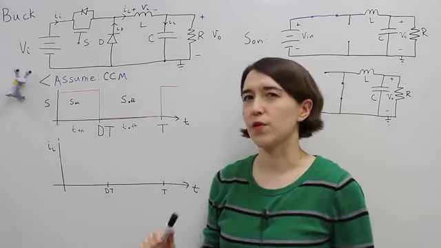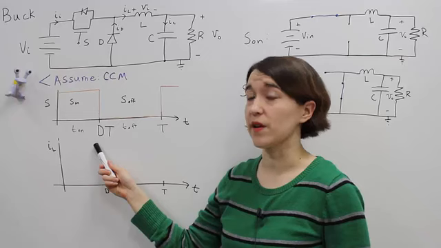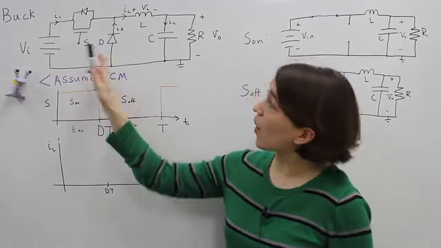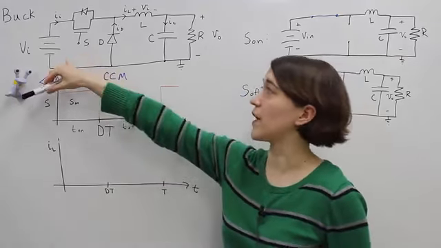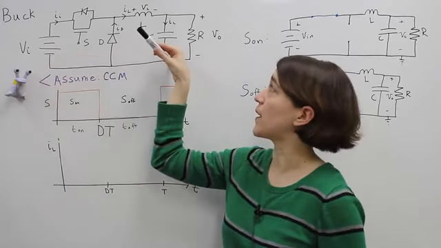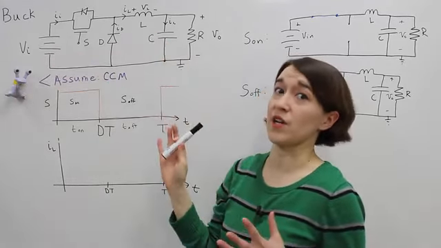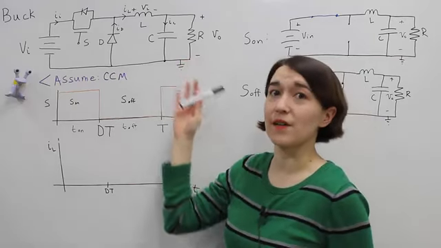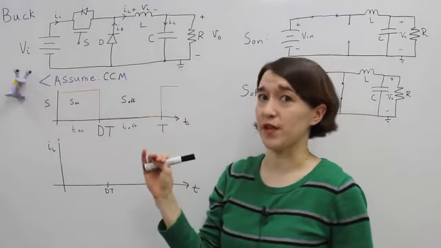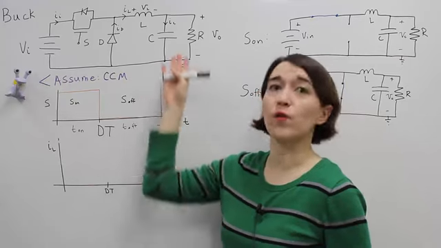So our control variable is actually D here, and in this version our input is constant, but our output is not necessarily constant. We have a capacitor that will maintain the output voltage, but this voltage can vary.